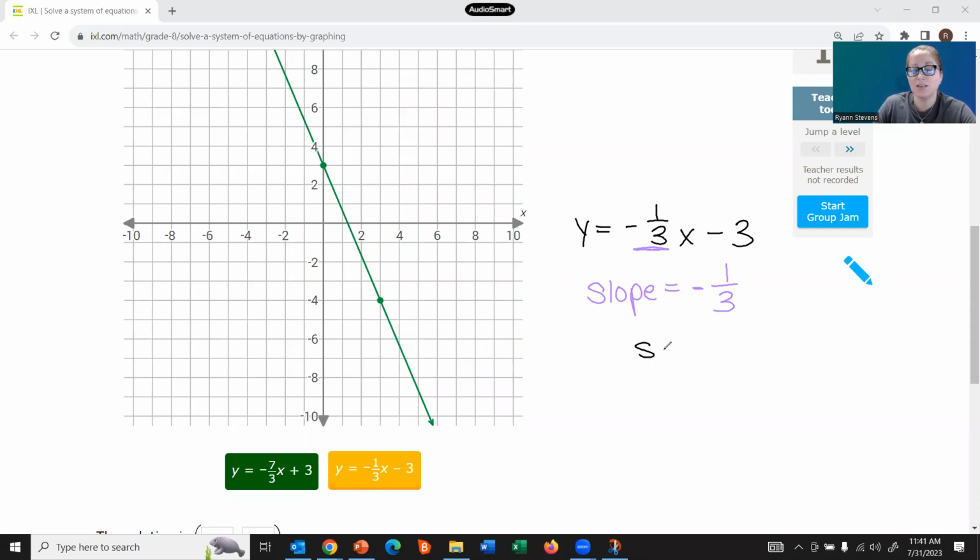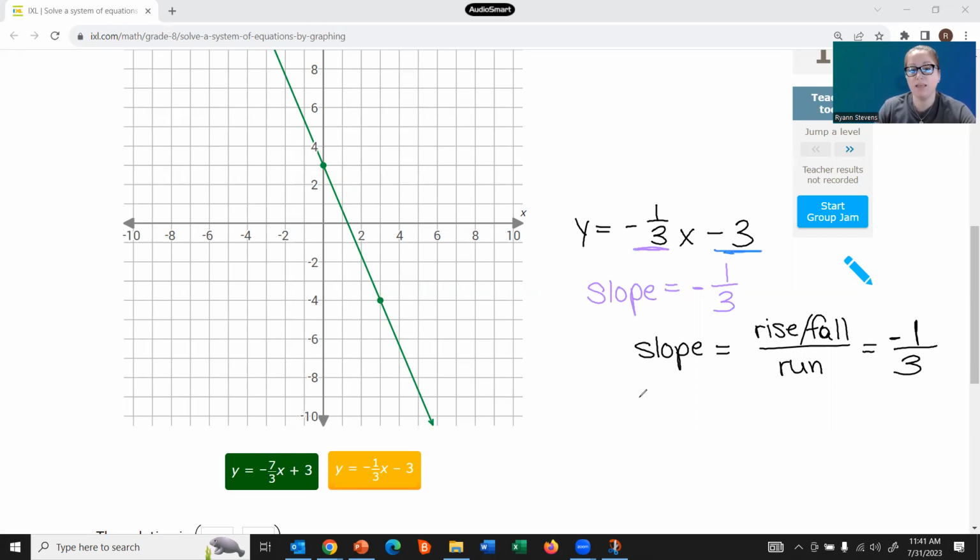This is going to tell us our rise or our fall over our run. So in this case, we're going to fall 1 place and then run 3.